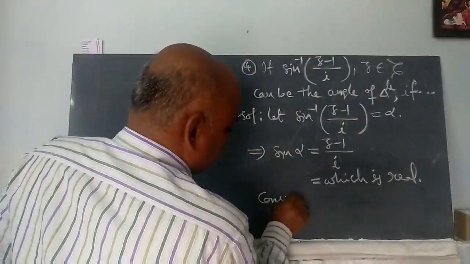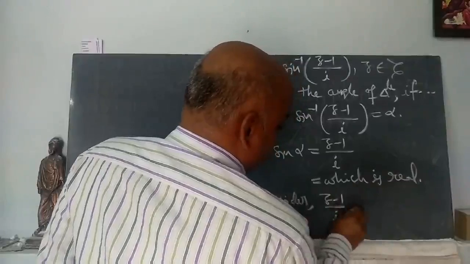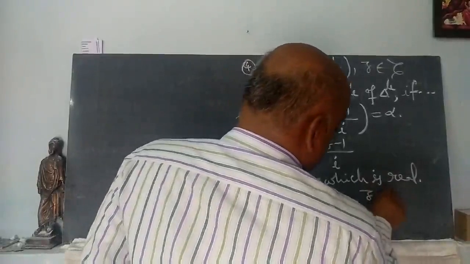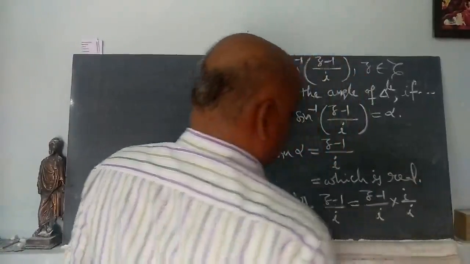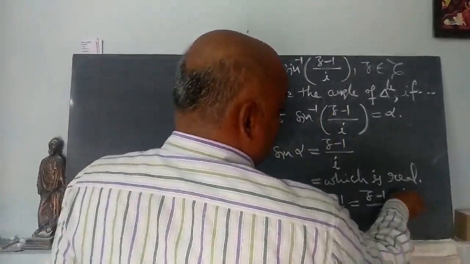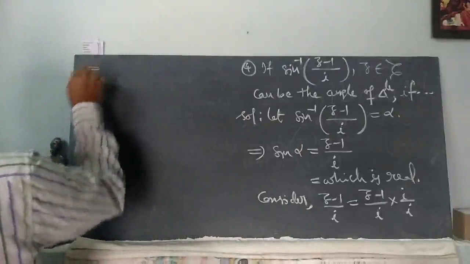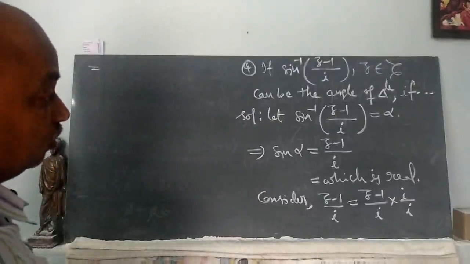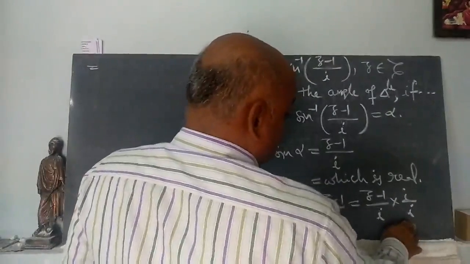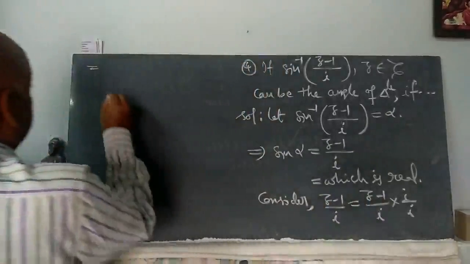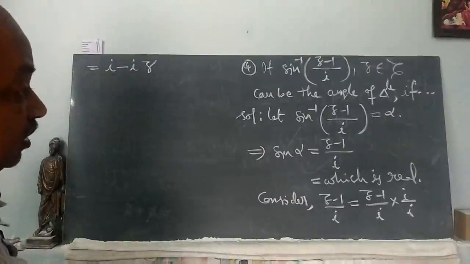Consider z minus 1 by i is equal to z minus 1 by i into i by i, multiplying and dividing by the imaginary unit i by i. So this is equal to i into i square, so minus 1. So this is i minus iz.